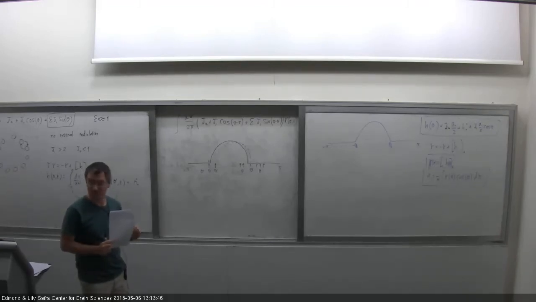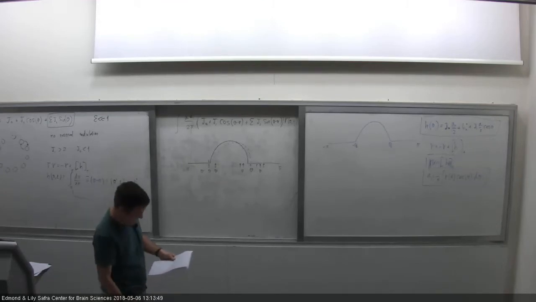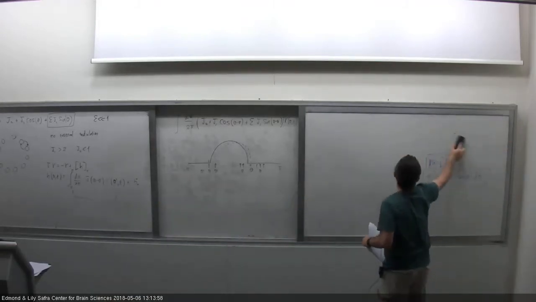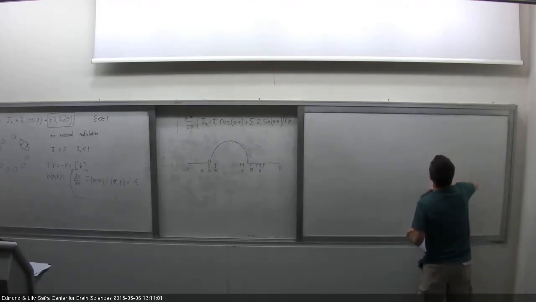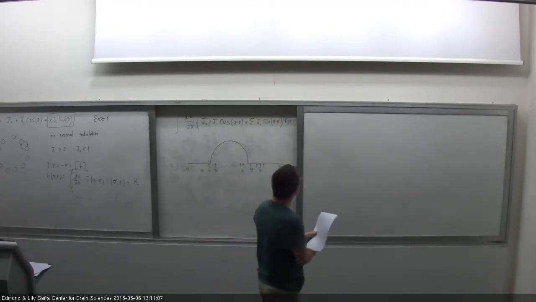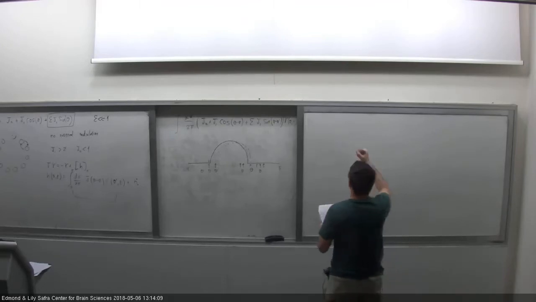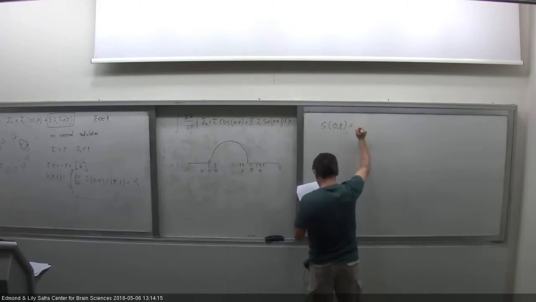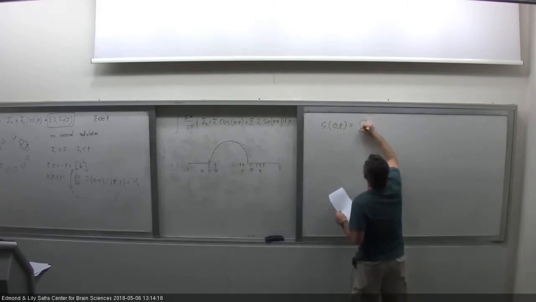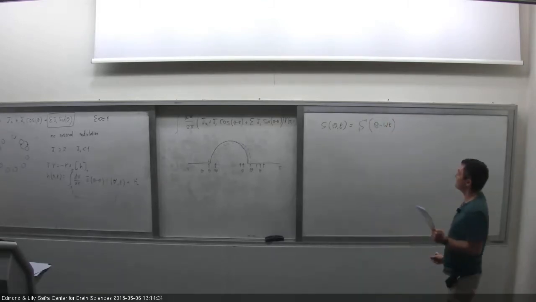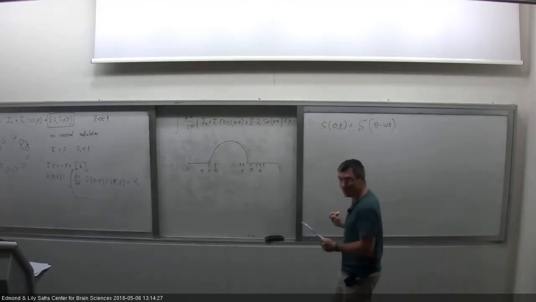Questions? So we're going to consider the solution S of theta and t equal to S of theta minus wt. This is the solution that we're going to consider.